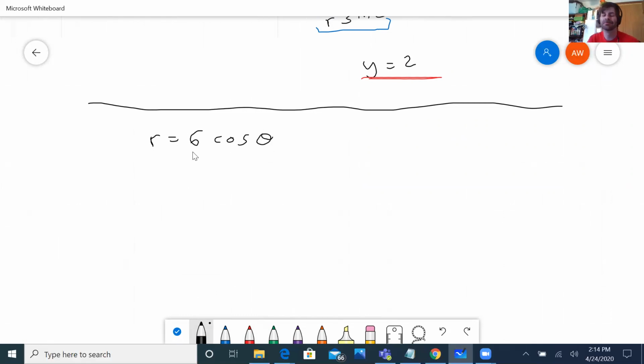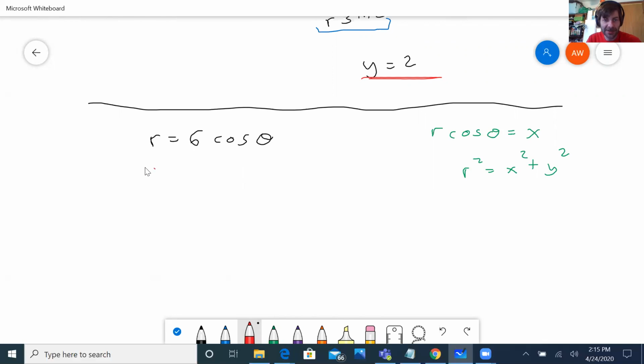Okay. This one's a little goofy. It's got a trick. So here's the two things I'm going to know. r cosine theta is x, right? So that would be handy. And if I had r squared, that would be x squared plus y squared. So I'm going to realize that if this was r squared, that would be good, and if that was r cosine theta, that would be good.